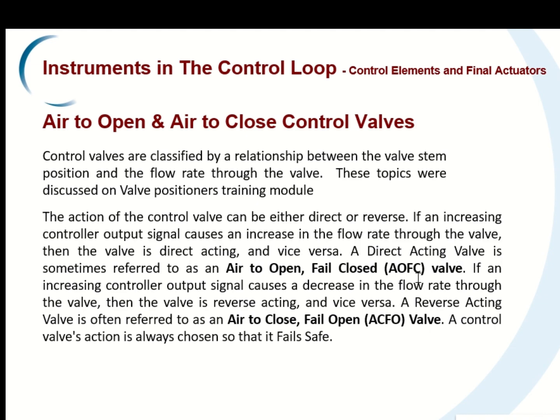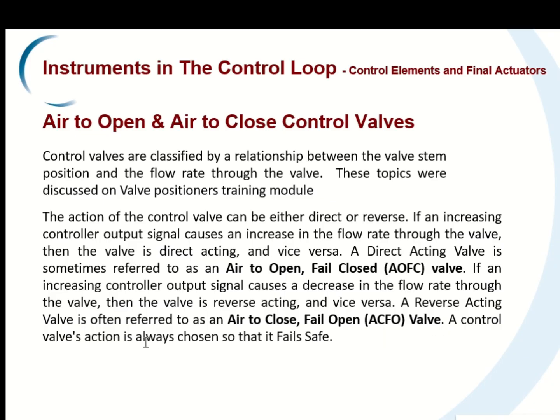So if it is direct acting, air is acting on this one to open the valve, and if the air is not there, it fails in the closed position. If an increasing controller output signal causes a decrease in the flow rate through the valve, it is reverse acting, or vice versa, and the reverse acting valve often refers to air to close, fail open, or when the air is not there, it fails open actually.